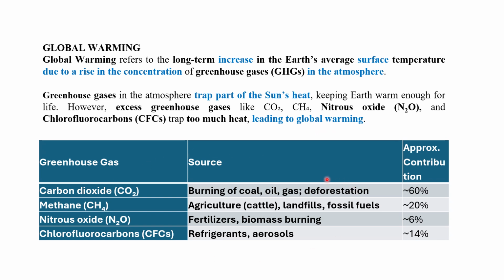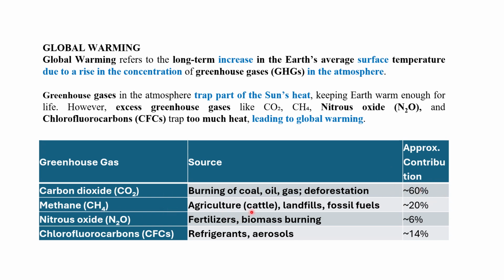From this table, we can see the various types of greenhouse gases: carbon dioxide, methane, nitrous oxide, chlorofluorocarbons, and the sources from which these gases are generated or emitted: burning of coal, oil, gas, and deforestation. Due to these sources, the contribution is 60%.